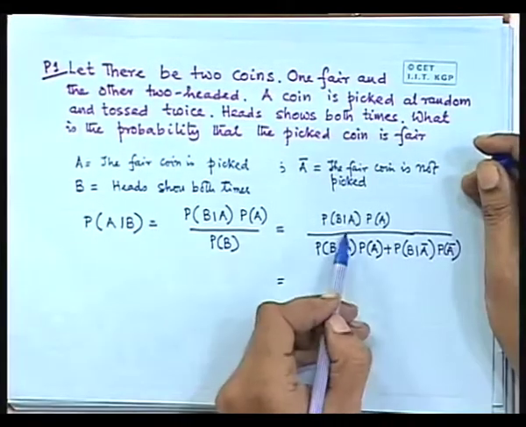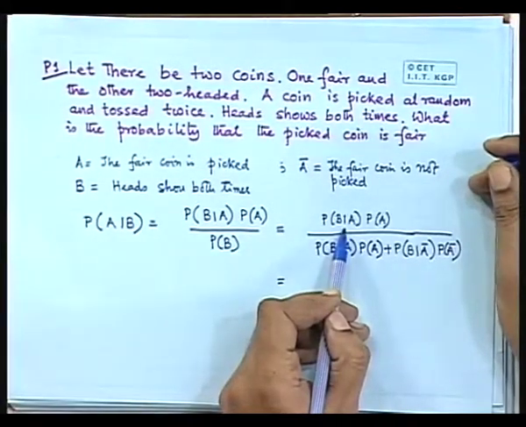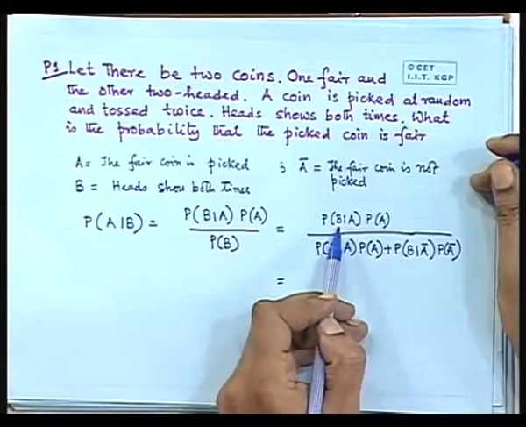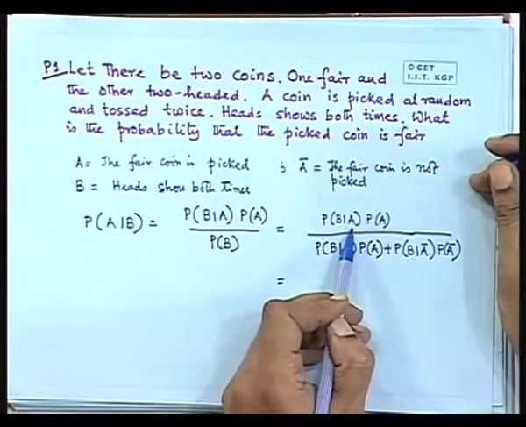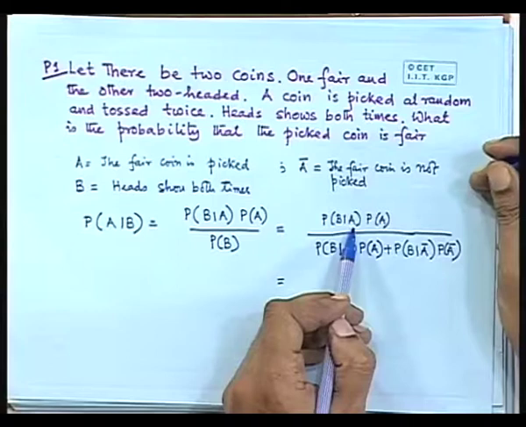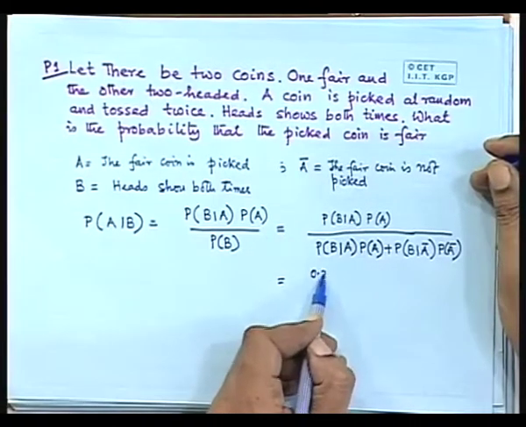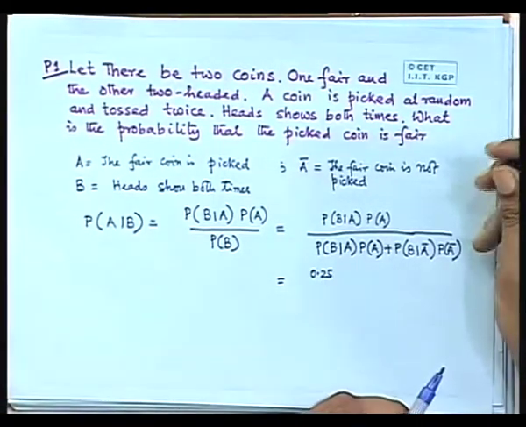So this is what you are saying: 0.25, the probability of B given A, that is 0.25, into what is the probability of A?